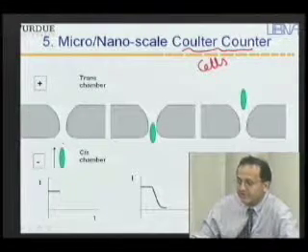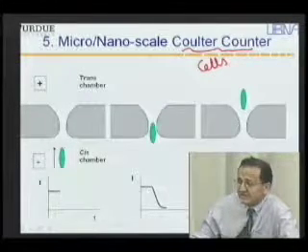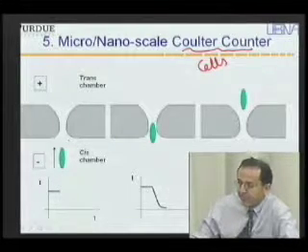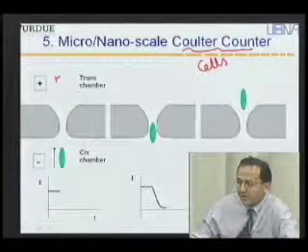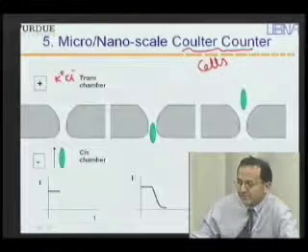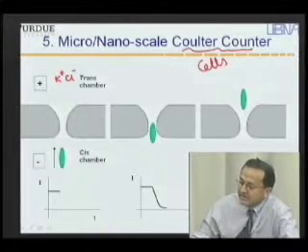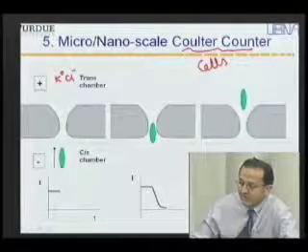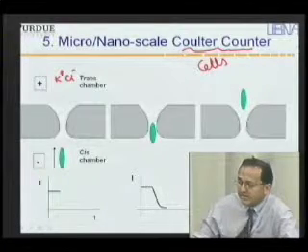Now as the entity is moving towards the pore, before it gets to the pore, you could be measuring a background ionic current. So potassium or sodium or chloride ions, positive or negative, could be moving back and forth, and you could be measuring a background current. And then when the entity of interest moves through the pore, it will block that background current, and the current will drop. And eventually when that entity leaves the pore, the current will pick up again, as shown here in the bottom right.